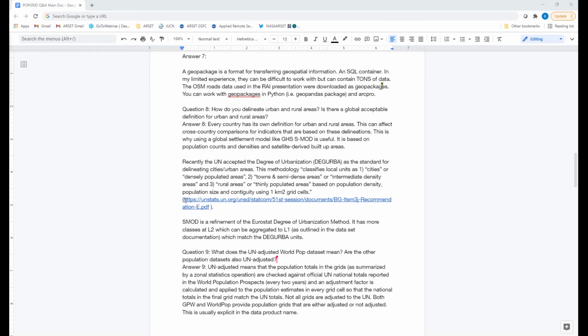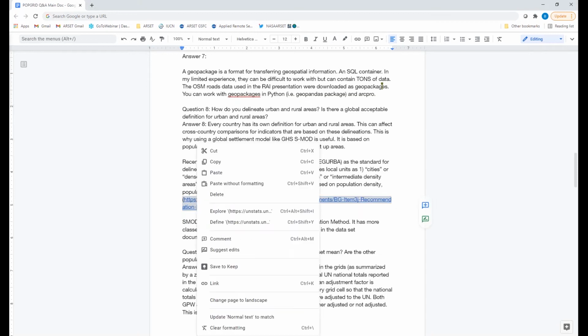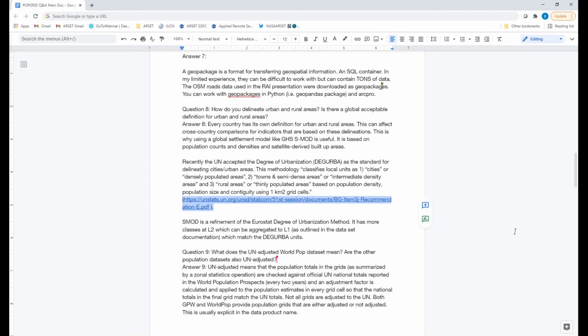But generally, every country has their own way of defining their urban and rural areas, and so this is an issue for indicators that are based on urban-rural delineations. It affects the way that we can compare each country's results and progress towards the indicators.